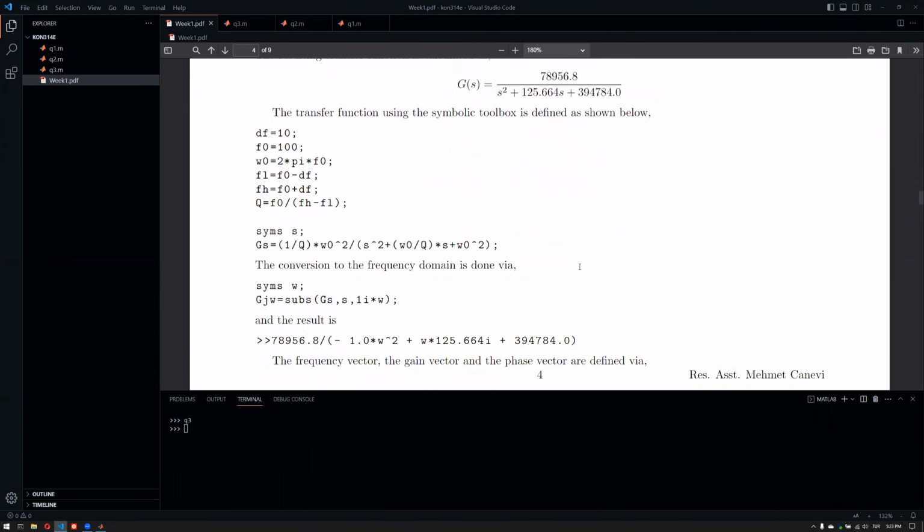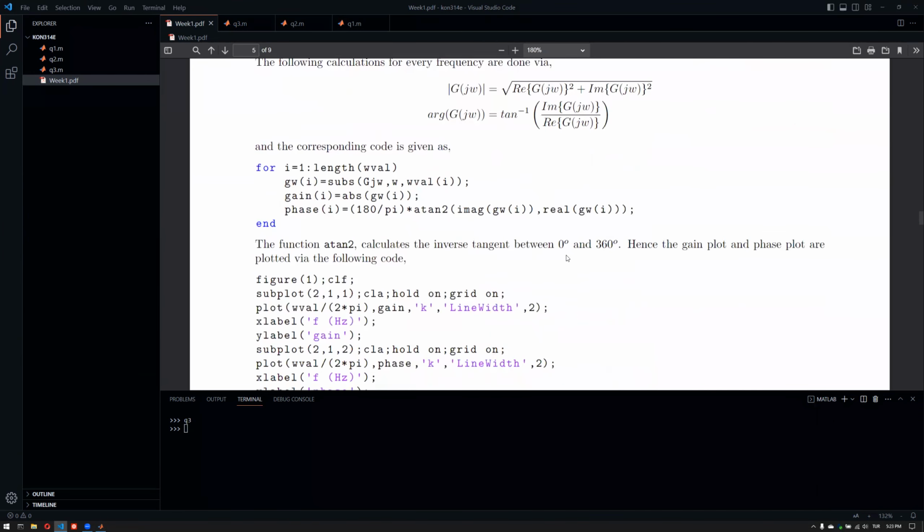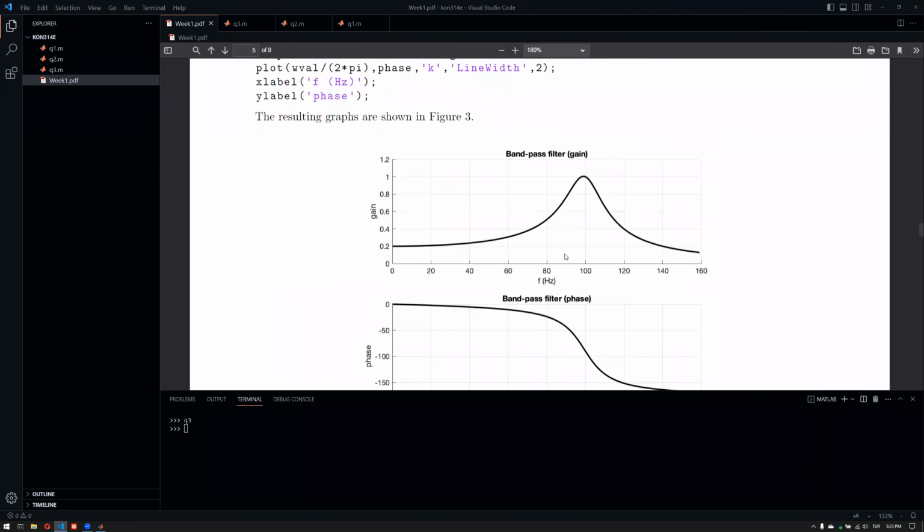I then obtained the transfer function, and I have given the discussion based on this filter because it makes it obvious that we have a center frequency of 100 hertz, and we're trying to have a certain quality factor, which also relates to the bandwidth here. The aim of a bandpass filter is to suppress all the frequencies other than the central frequency that we are trying to bandpass.